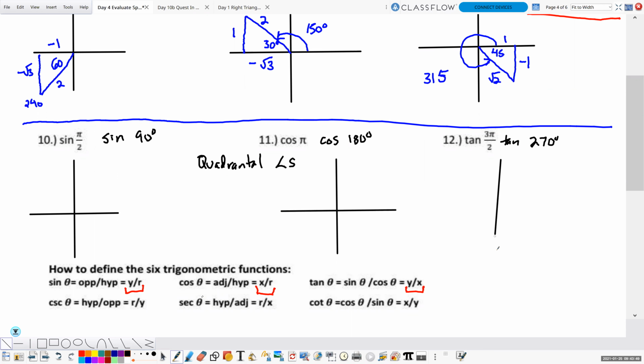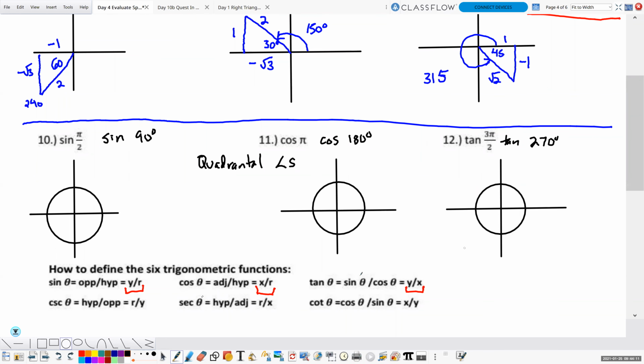So we're going to start talking about this idea of what's called a unit circle, or a circle that's got a radius of 1. So I'm just going to throw a circle here. Close enough. So I'm going to say that my circle has a radius of 1.